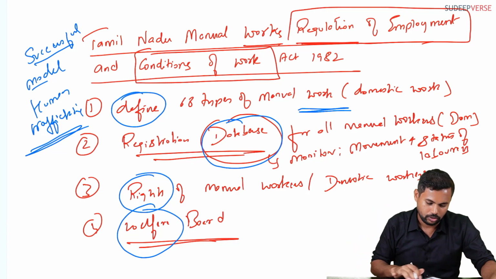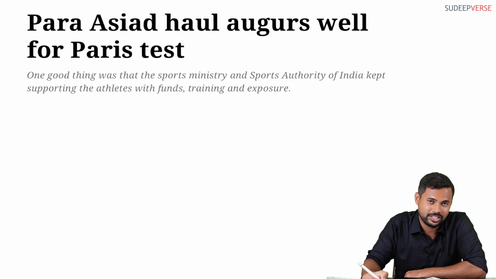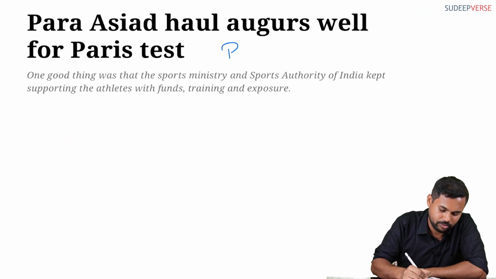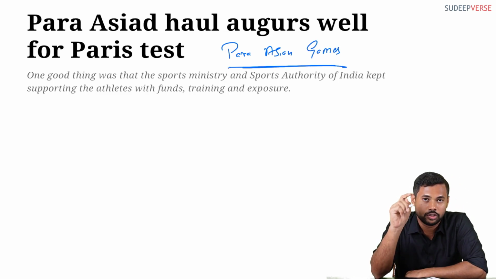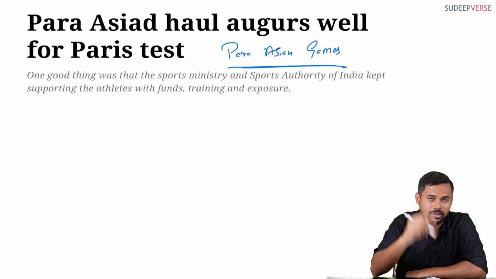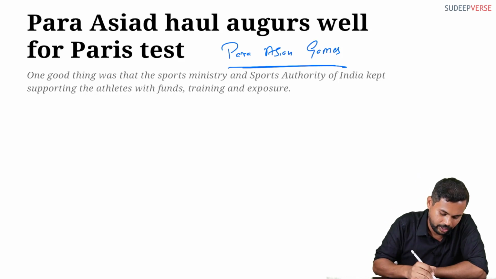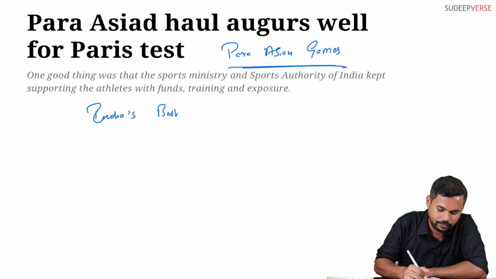Okay, so this is about this issue. The next issue is the Para Asian Games. It was a very proud moment for us to see our para athletes perform. The performance of India in the Para Asian Games has also been India's best ever.